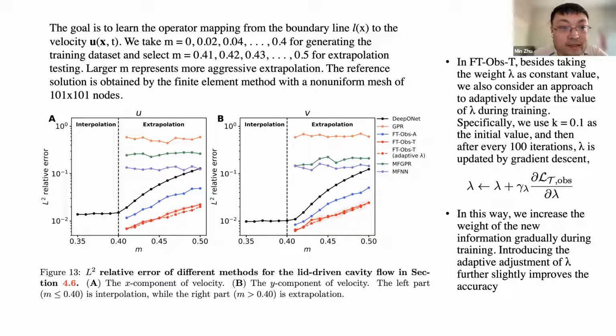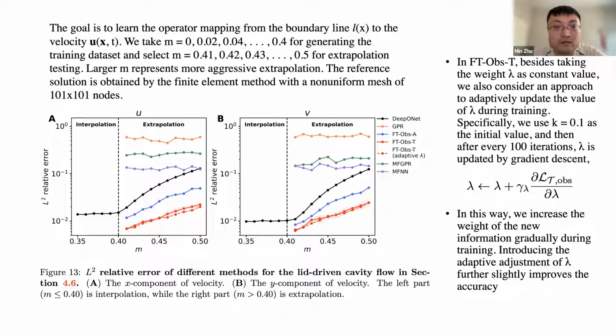And in the figure, we introduced a slightly new method that is called the adaptive lambda fine-tune with observation T. In the fine-tune with observation T, besides taking the weight lambda as a constant value, we also considered an approach to adaptively update the value of lambda during the training.